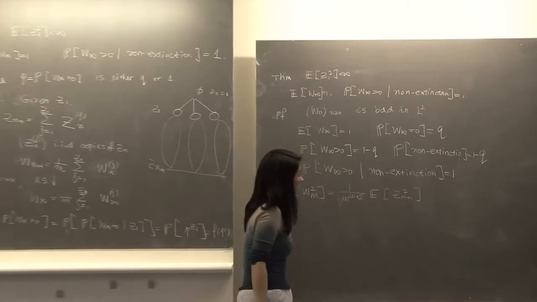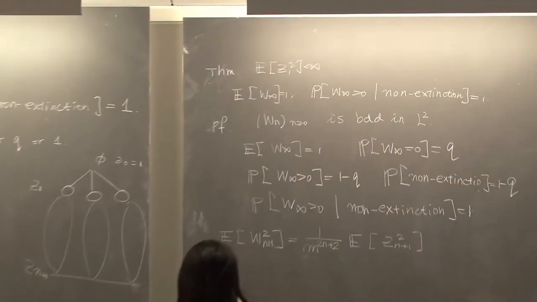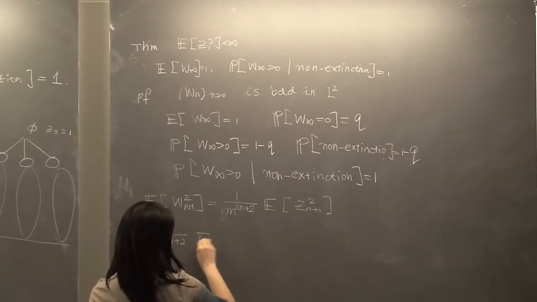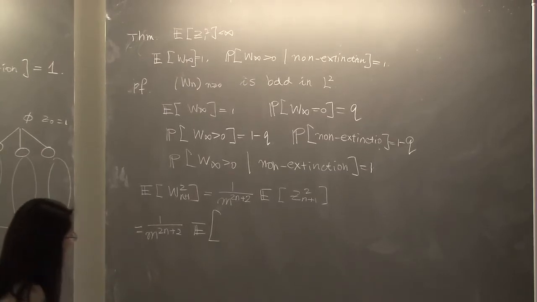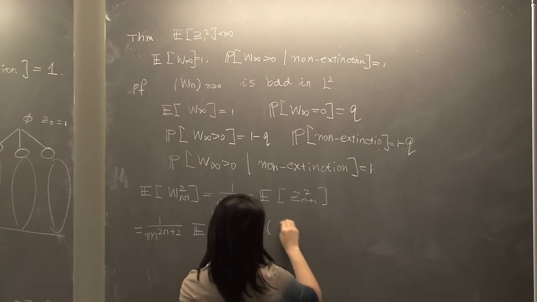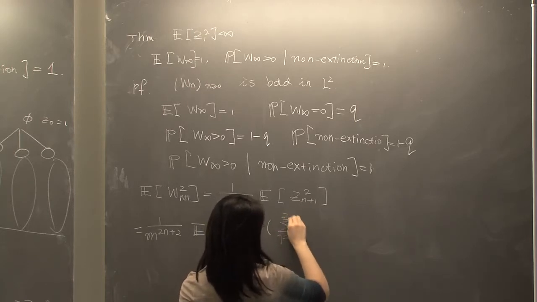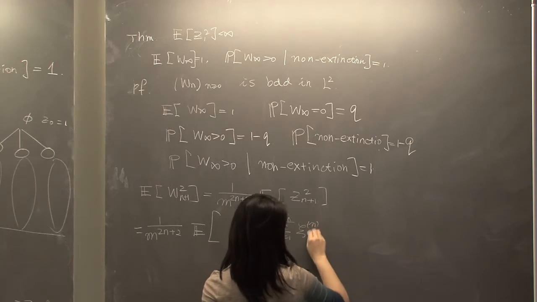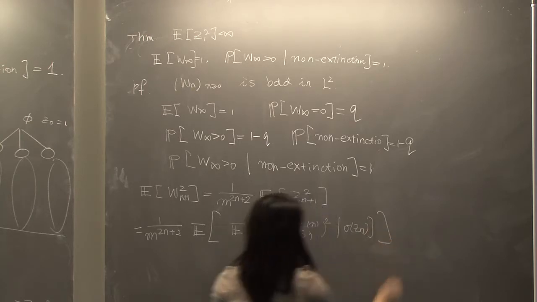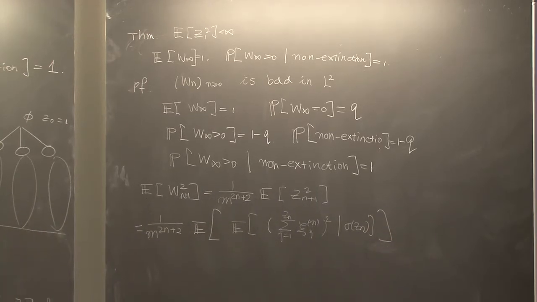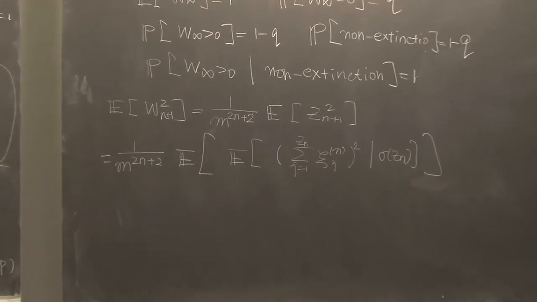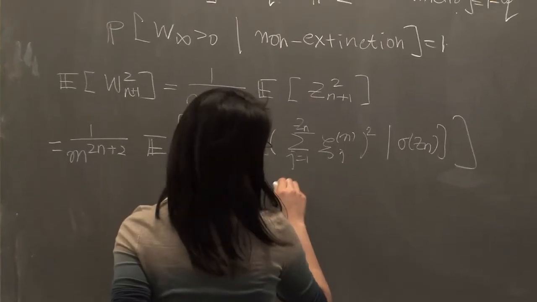We calculate W_{n+1} squared. Given Zn, Z_{n+1} is the summation of IID random variables, and there are Zn of them. So we expand this square.